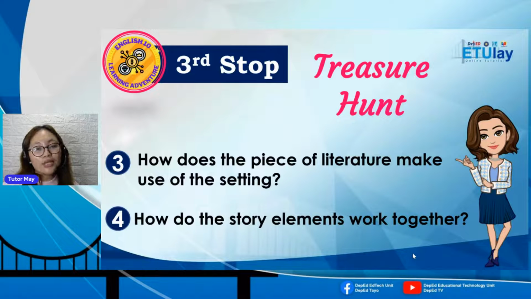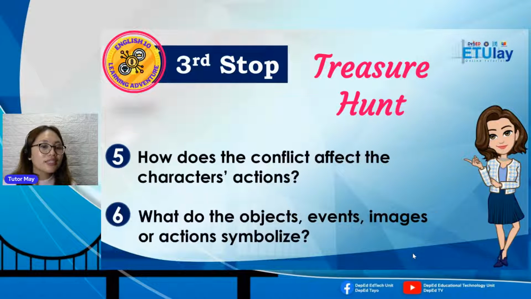Second, how does the piece of literature make use of the setting? Next, how do the story elements work together? That's why it's an application of your knowledge of literature. Okay, next, how does the conflict affect the character's action? How do they deal with the conflict? Now, what is the conflict?